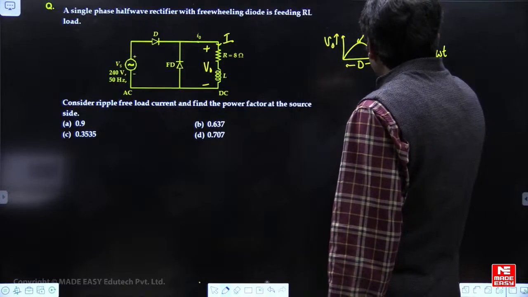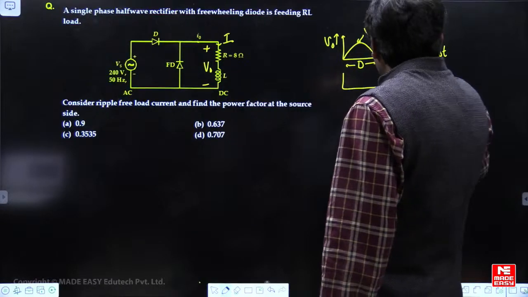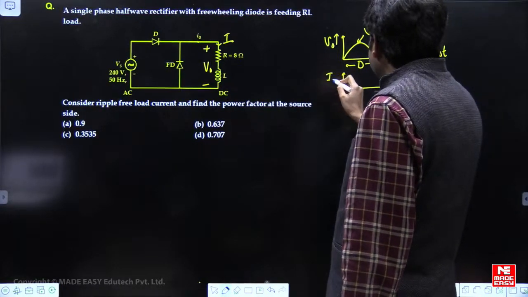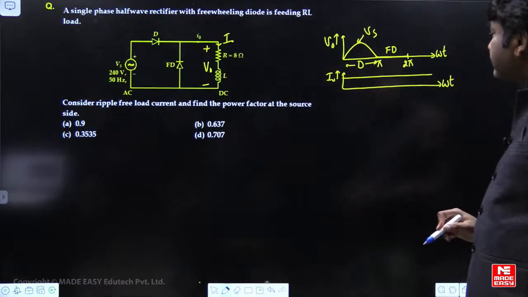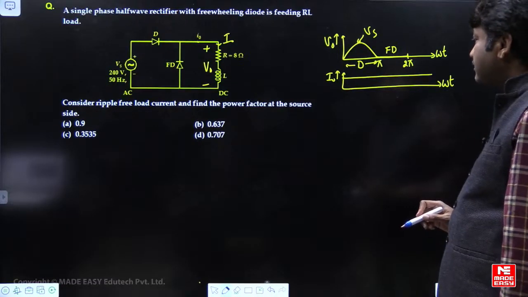After pi, the freewheeling diode is conducting the constant load current, and it is very clearly given that the load current is ripple free, it is constant. So what do we have to find out? Power factor at the input side.